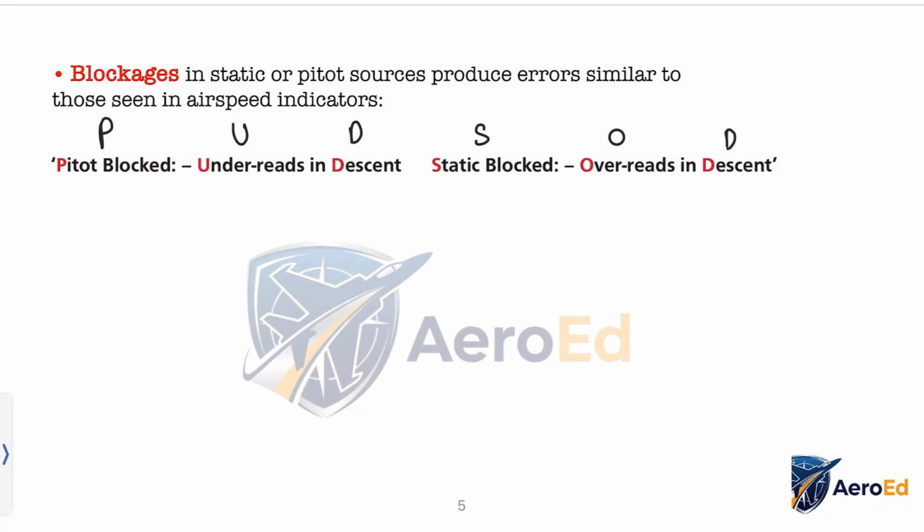And if static is blocked, SOD, it overreads in descent, that means it underreads in climb. If you learn this PUT SOD, you will be able to solve all the questions related to this. And if you want the proper explanation behind this, you can see my video on airspeed indicators.